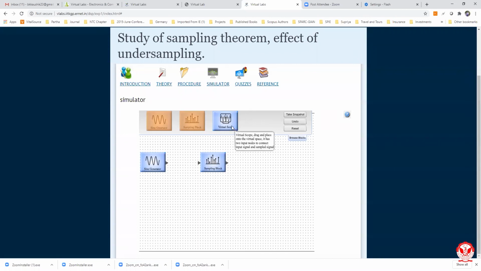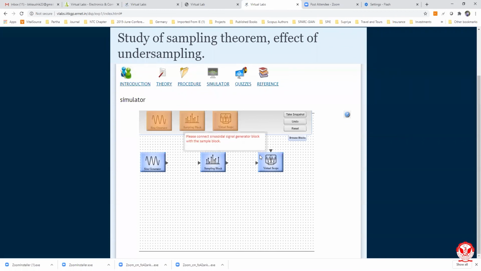Next, we have to select this virtual scope. So again, we click on this virtual scope, it is selected now. We drag and place it here. One thing that we prefer here is that all 3 blocks are in the same line. That helps in getting a good wiring connection.